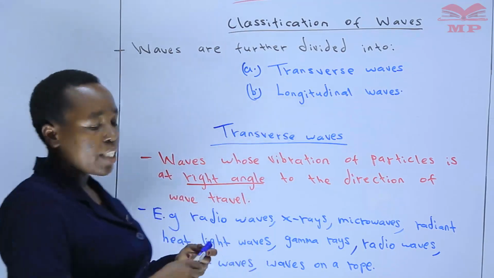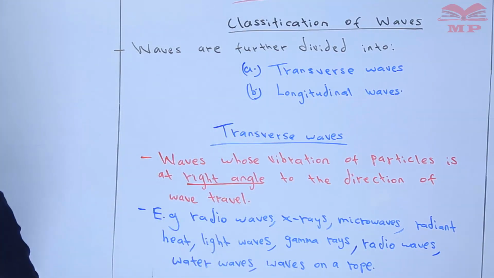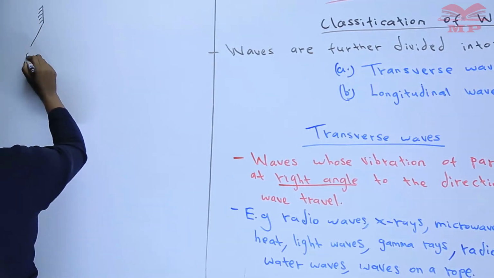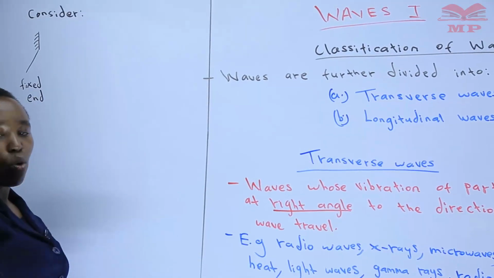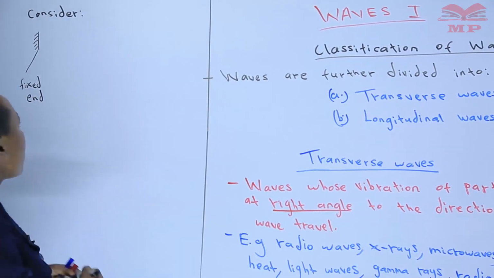And I want us to consider the following. Here I want us to consider a rope which is fixed on one side. This is a fixed end. And then we have a hand which is moving the rope up, down, up, down.